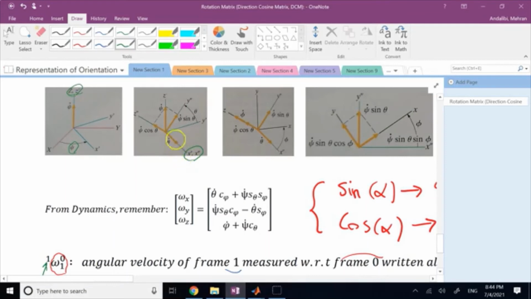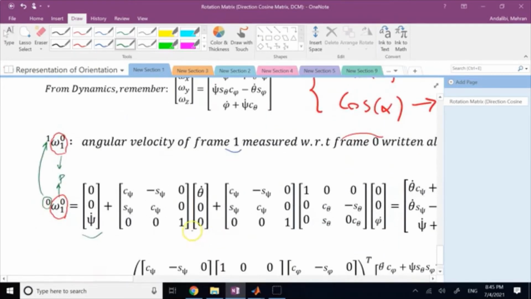So it is along the axis of a new frame, not the inertial frame. This vector is written in the intermediate, new frame, not in the old frame, the capital XYZ.